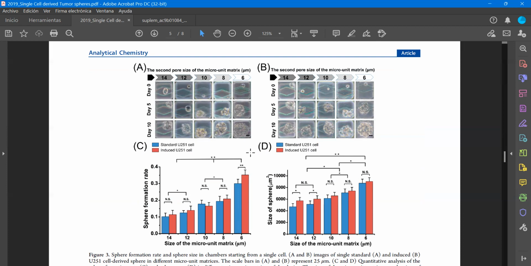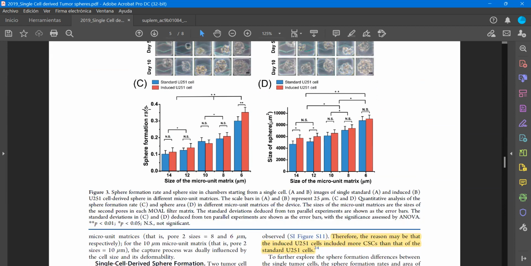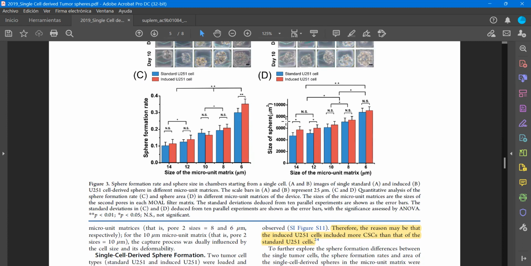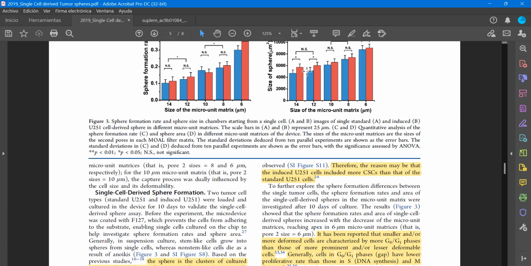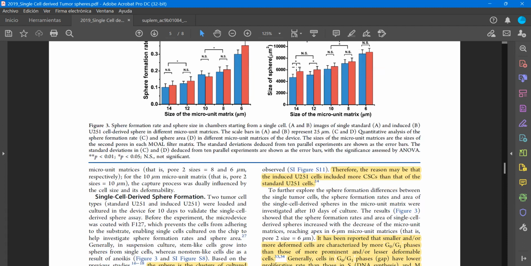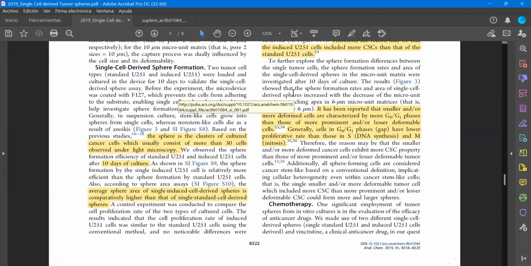And in A, we have the standard cell line, and in B, we have the induced glioblastoma cell line. They compare the sphere formation rate of these both cell lines and also the size of the sphere in square micrometers. You see that the induced cell line has grown more.